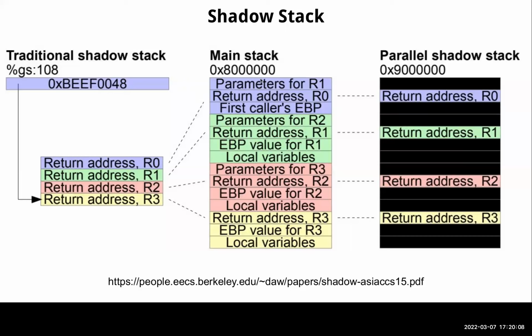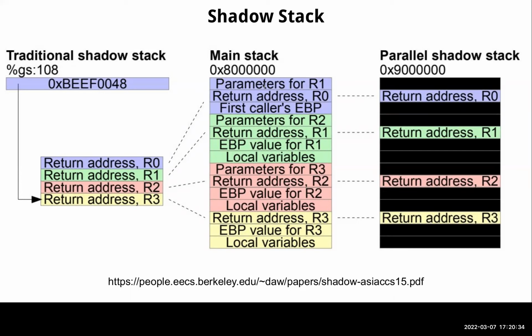Let's say this is function 1. It will have its parameters for that function. Then we have the return address. Then we have the saved EBP, right? So that's what we are familiar with.